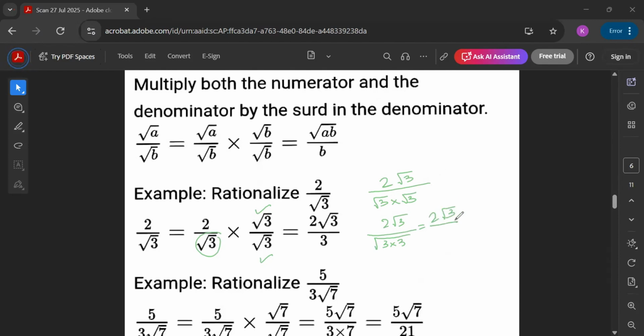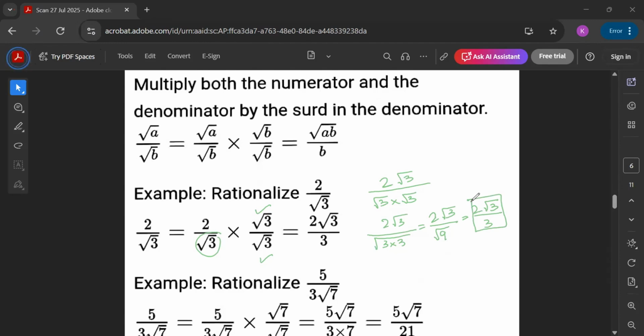Now, 3 into 3, if we take the square root, we can directly get the answer 3. Or you can understand 3 into 3 is 9, and the square root of 9 gives 3. So we get 2 root 3 upon 3. That's how you're getting the answer.